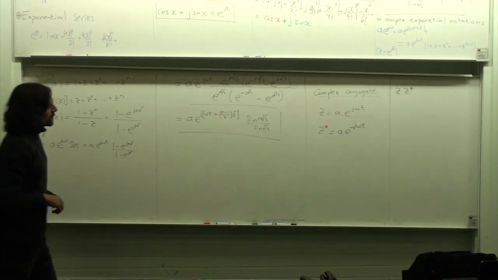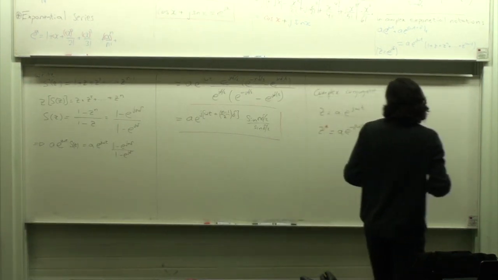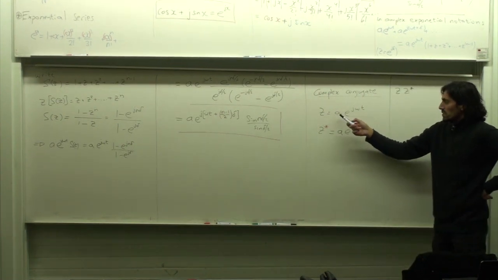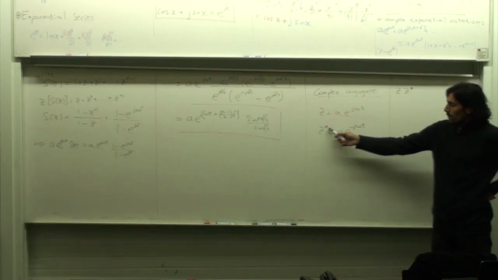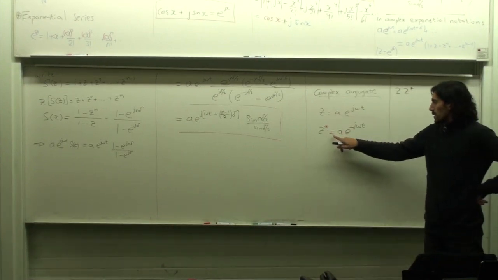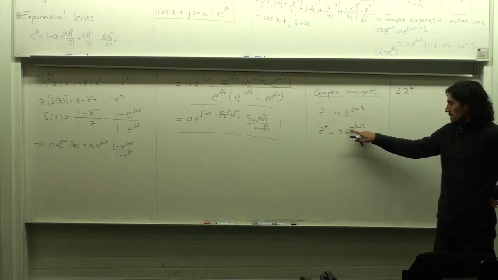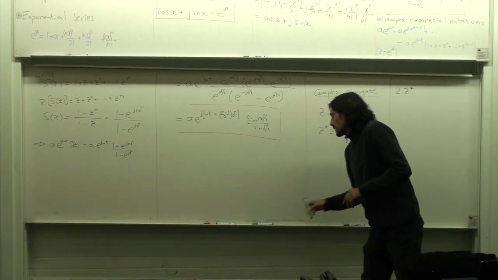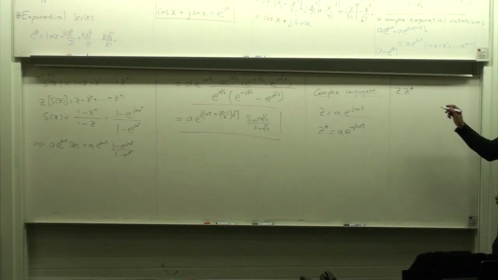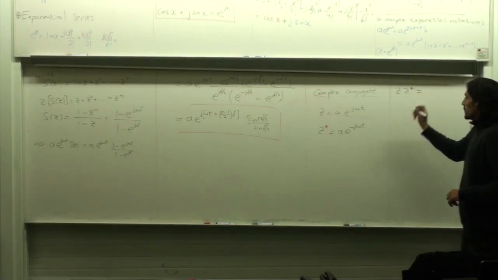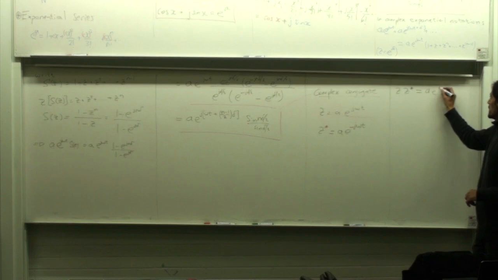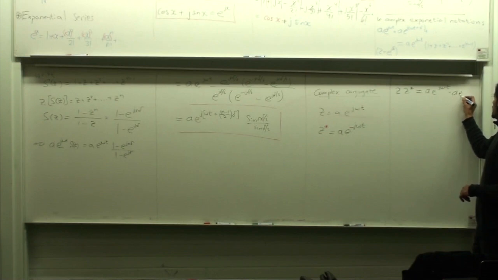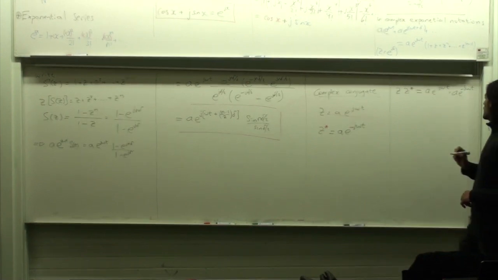Alright, so the last thing I wanted to mention today is the complex conjugate. If z is a e to the power j omega t, then the complex conjugate would be a e to the power minus j omega t. So it's easy to work out z times z conjugate: that would be a e to the power j omega t times a e to the power minus j omega t.